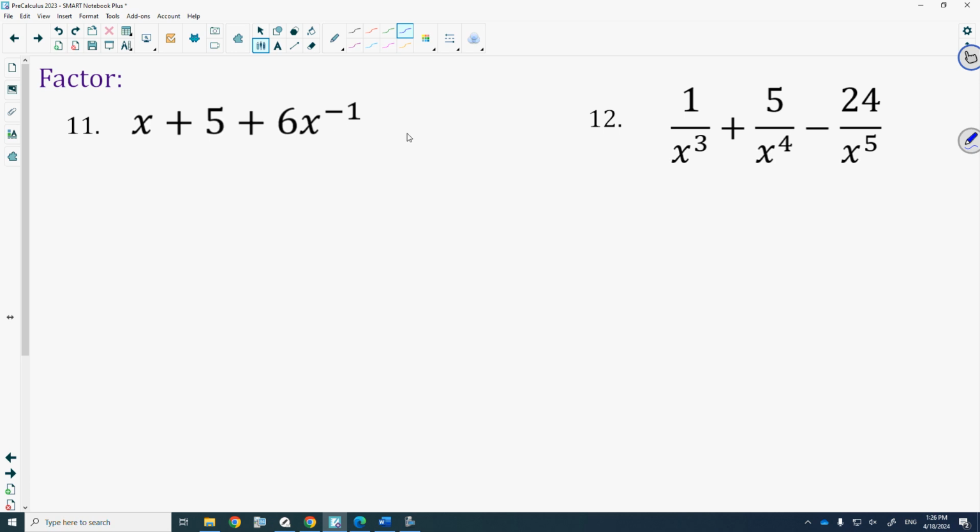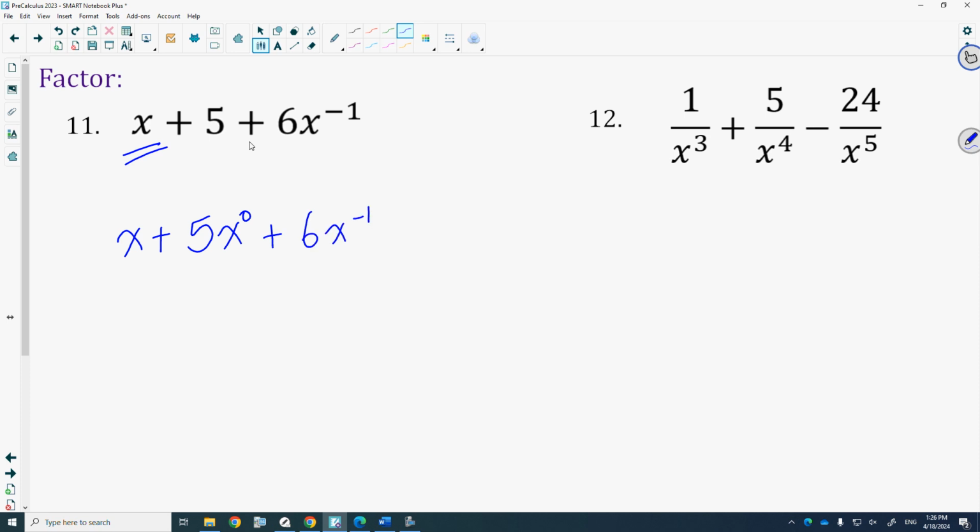Rewrite this so that you could put an x here, because we could put an invisible x there, right? So we have an x plus 5x to the 0, right? There would be an x to the 0 there because anything to the power of 0 is 1. And then plus 6x to the negative 1.